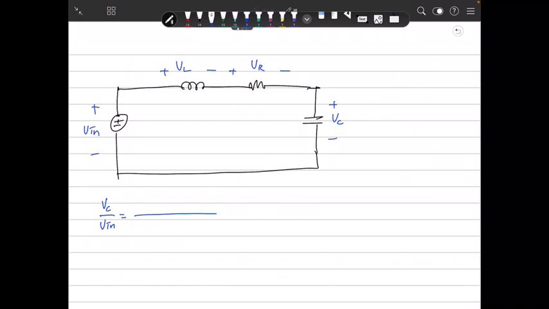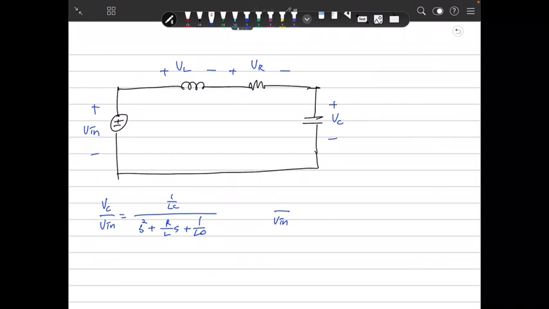In this case, the transfer function is 1 over LC over s squared plus R over L s plus 1 over LC. This is a low-pass filter.